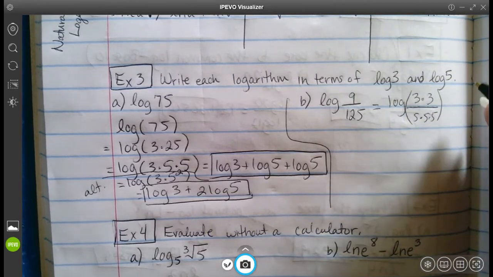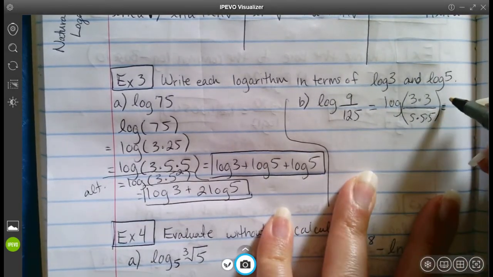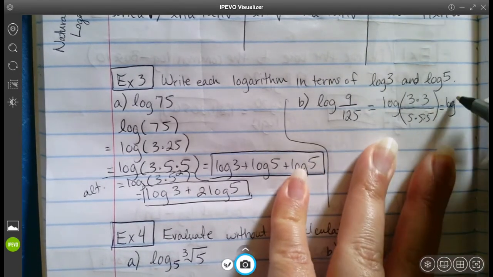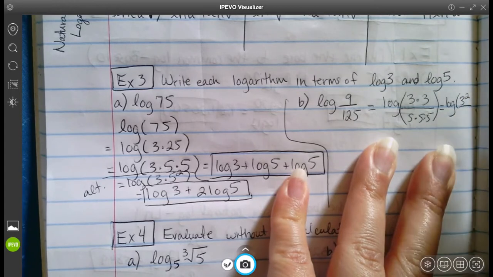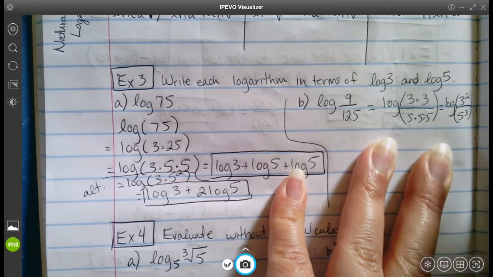Okay, I'm going to do this one the short way, which is this one right here. This is the same as log of 3 squared, right? And that's going to be 5 cubed.